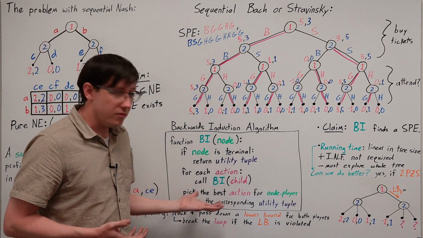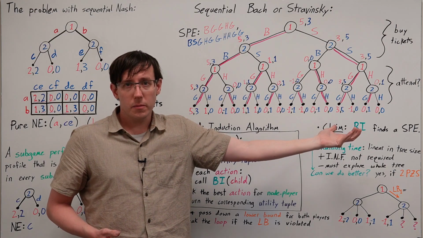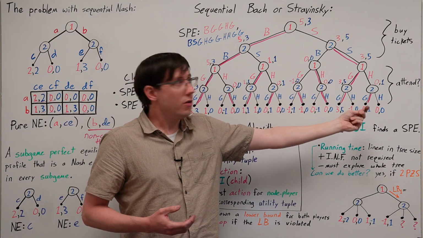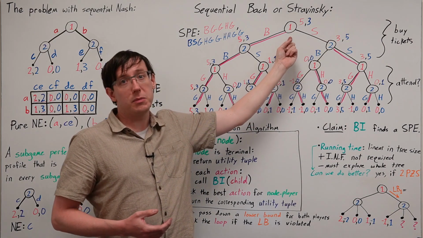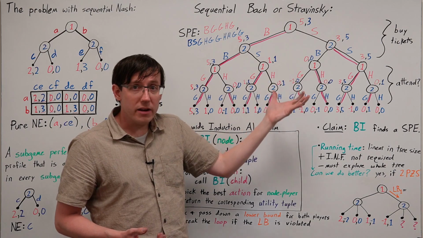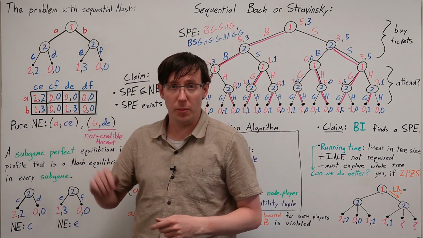The running time of this algorithm is linear in the size of the tree, because we had to explore every node in the game tree before we could figure out the optimal decision at the root. And on the one hand, that's great because we didn't have to build the induced normal form game.